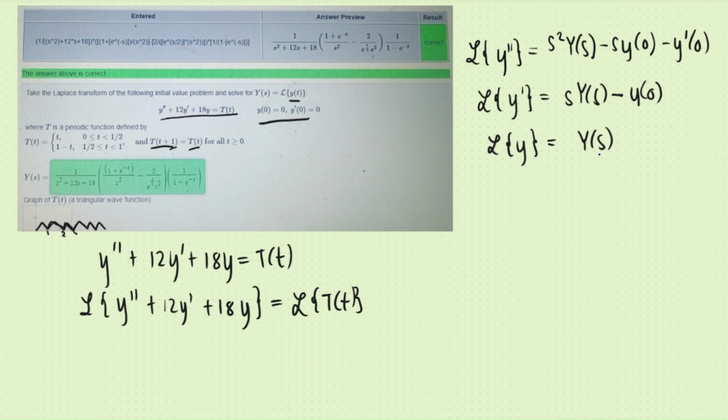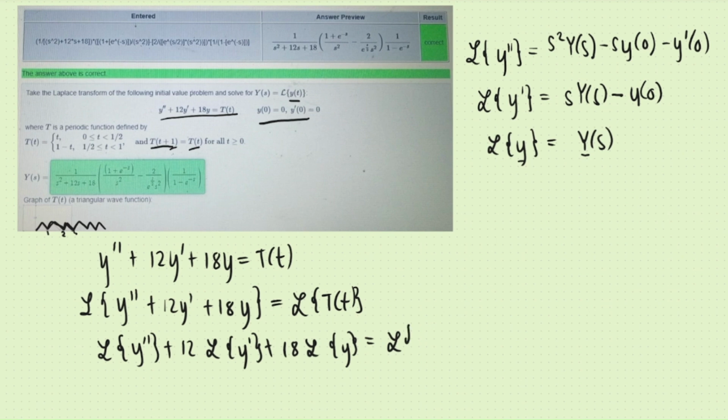Take note that if you're in the s domain, you use capital letters, and you just change them to lowercase letters for the t domain. Okay, so using linearity, we can write the left-hand side of the equation as Laplace of y'' + 12 Laplace of y' + 18 Laplace of y, and that is equal to Laplace of our periodic function, T(t).